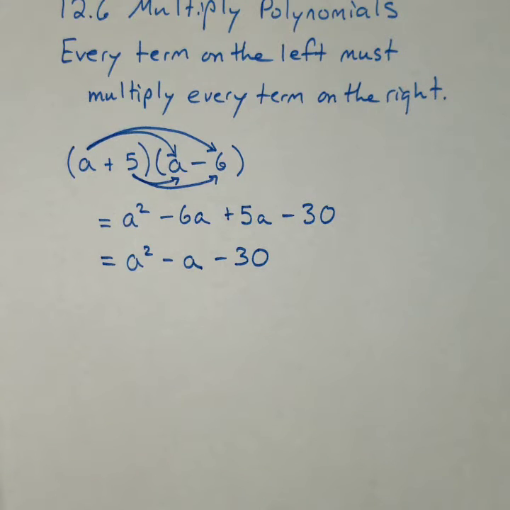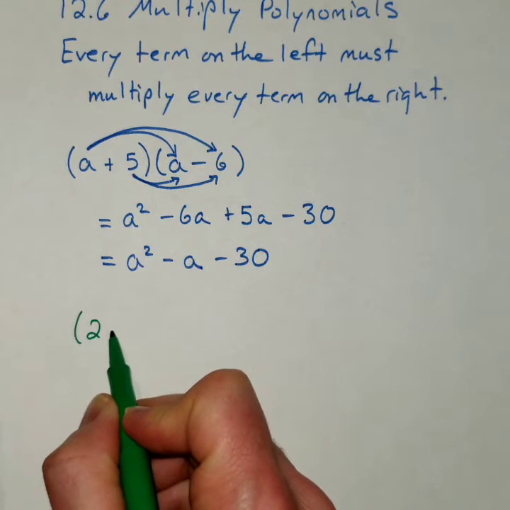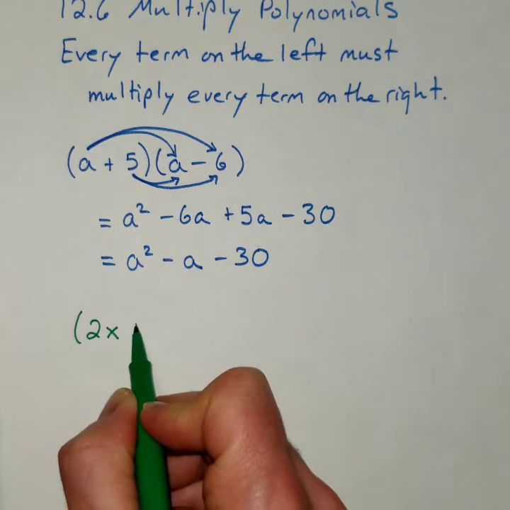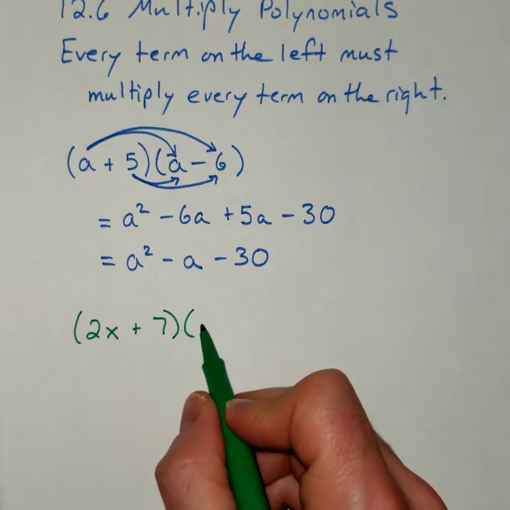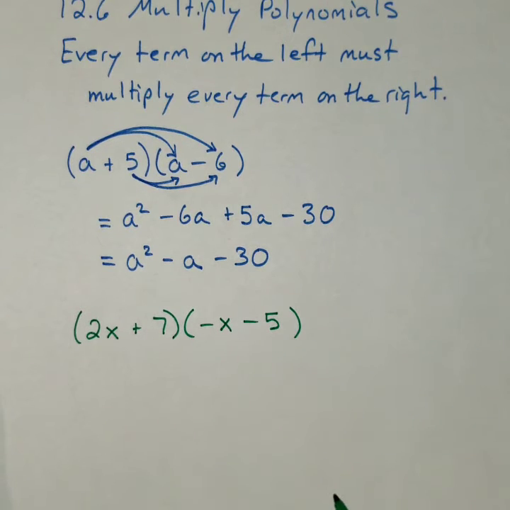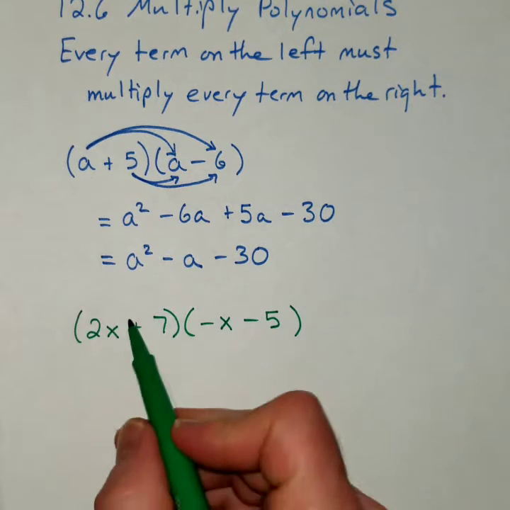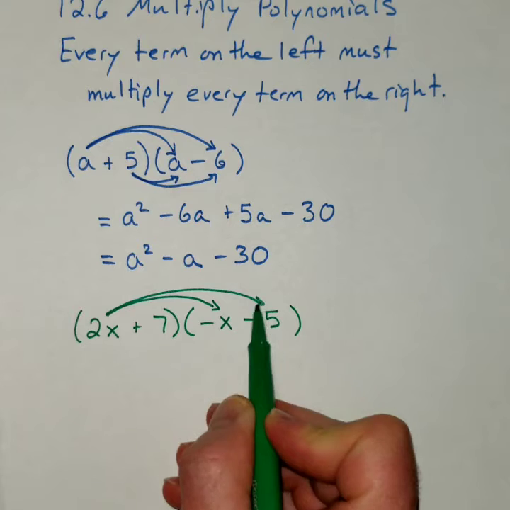All right, we'll try that again. A few more examples. Let's do something like 2x plus 7 times negative x minus 5. Okay, a couple negatives in there. But again, I want the 2x to multiply both terms on the right.